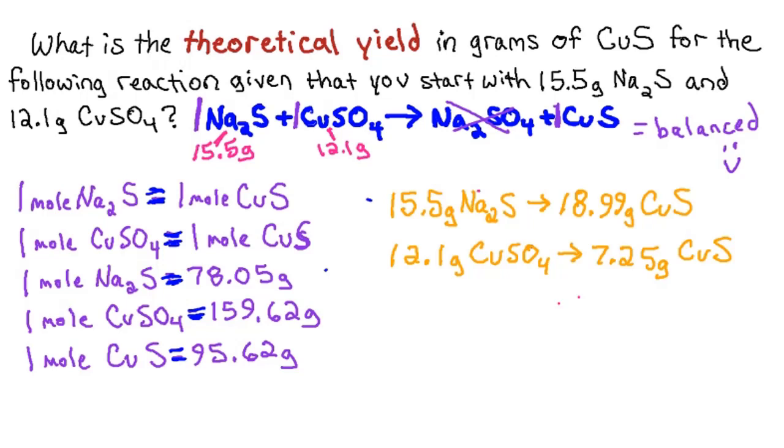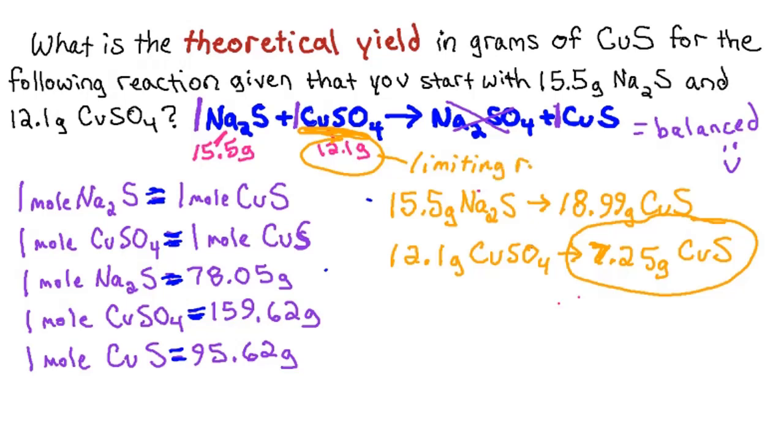So we have to choose the one that makes the least amount of CuS, because that's all that we can make. All we can make is the 7.25 grams of CuS, because we only have 12.1 grams of CuSO4. So the CuSO4 is going to be the limiting reactant. So that's just the reactant that has the least amount of product. So we can only make as much as what the limiting reactant can make.